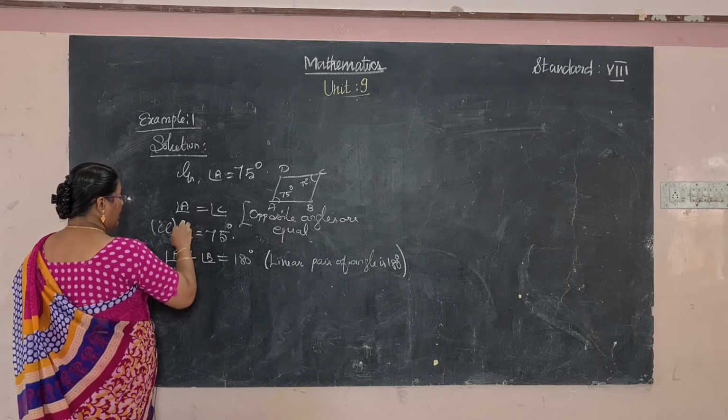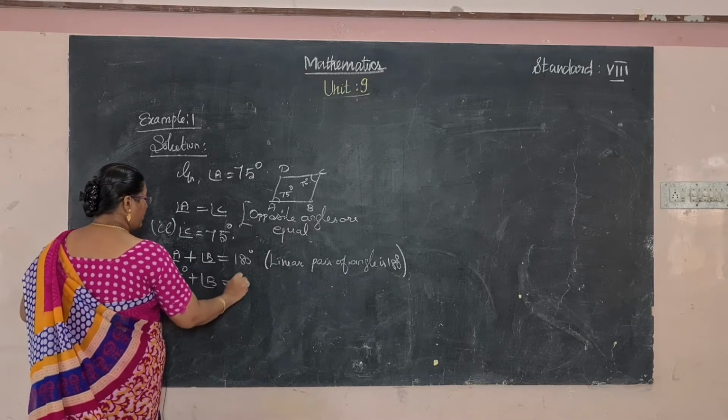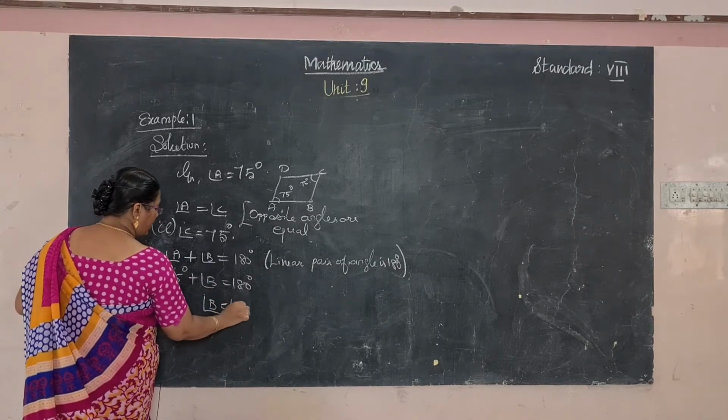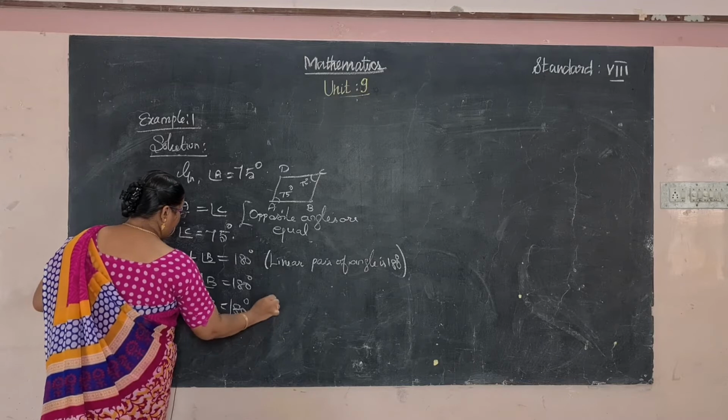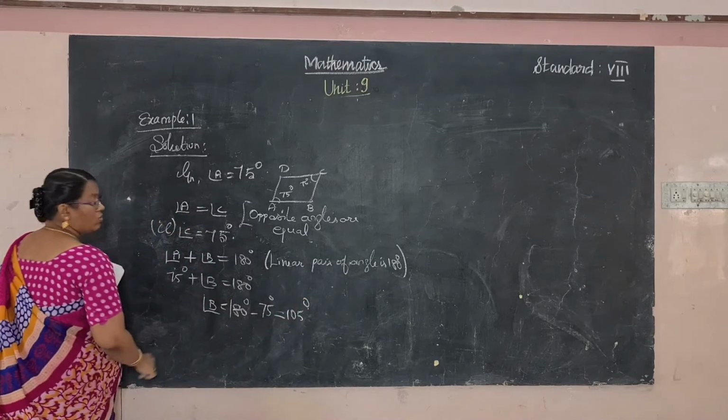So angle A value was 75 degrees, plus angle B is equal to 180 degrees. So angle B is equal to 180 minus 75, which is 105 degrees. So the B value is 105.